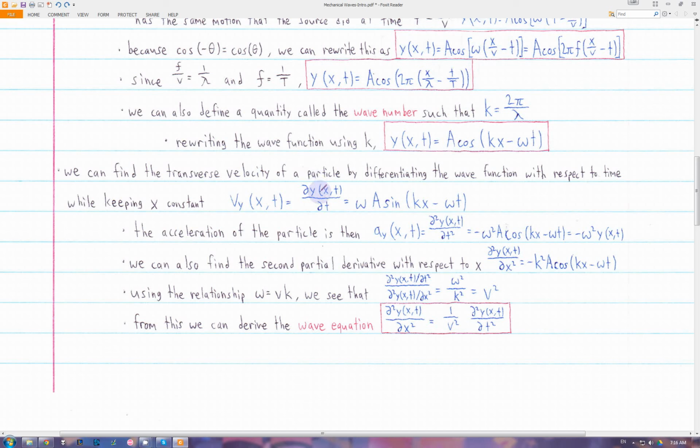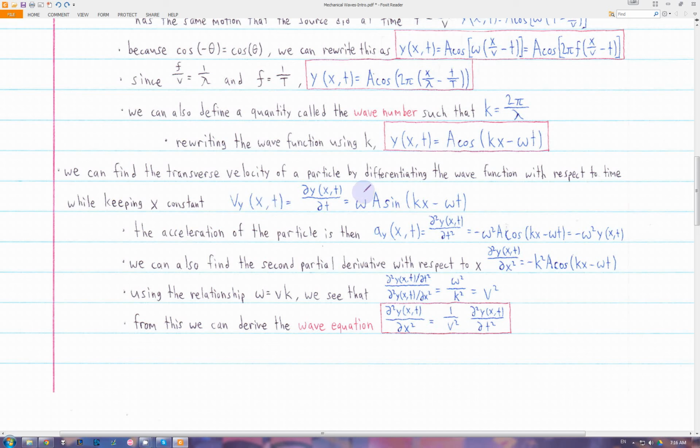Now, since this equation has two independent variables, we have to take the partial derivative, which is basically just taking the derivative with respect to one variable and pretending that the other variable is constant. So if we want to find the velocity, that's the displacement over time. So we take the partial derivative of this expression with respect to t while keeping x constant. So differentiating we get this expression.